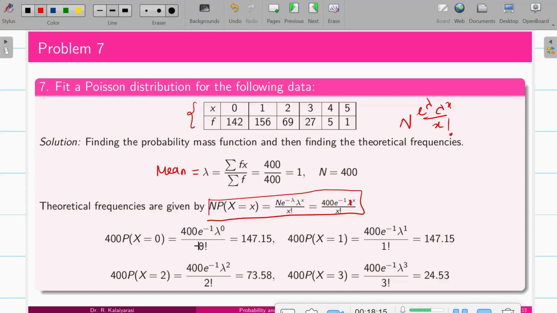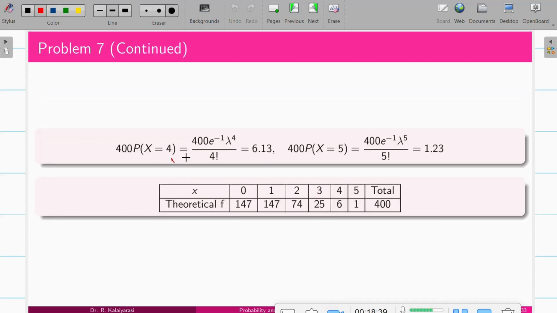Now I have to go for all the values of x: 0, 1, 2, 3, 4, 5. Starting from P(x=0) into 400 we get it, and P(x=1), P(x=2) and P(x=3) we get similarly. P(x=4) we get 6.13, and P(x=5) we get 1.22.